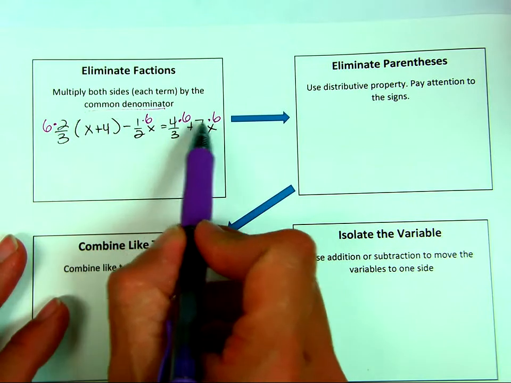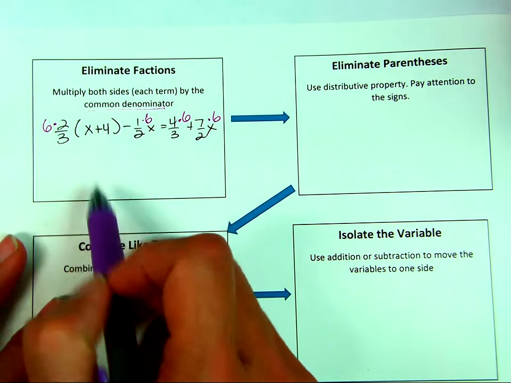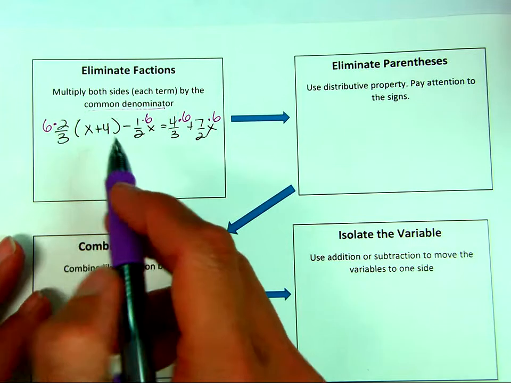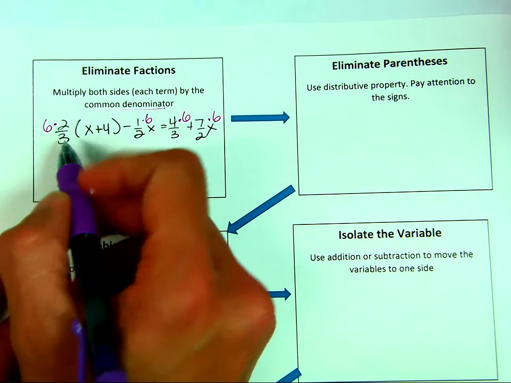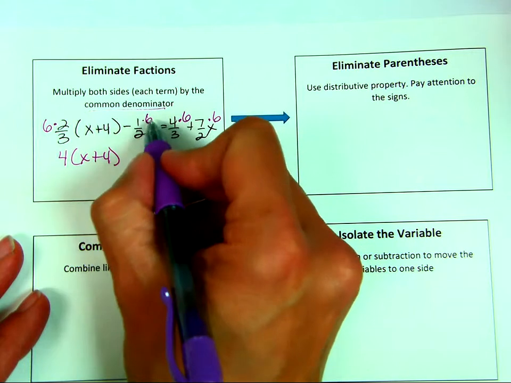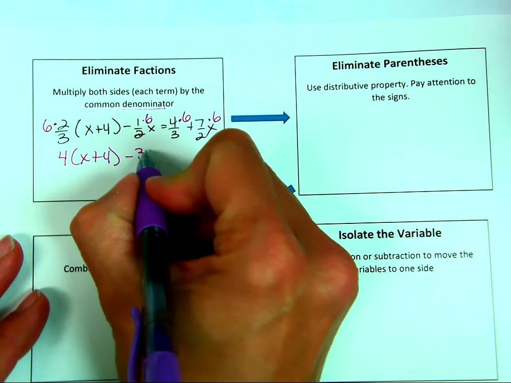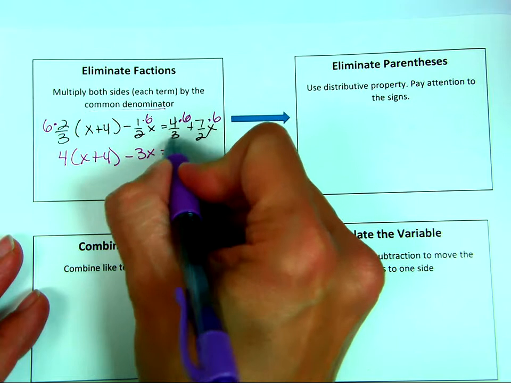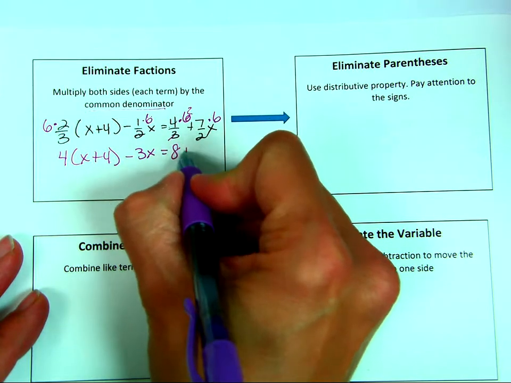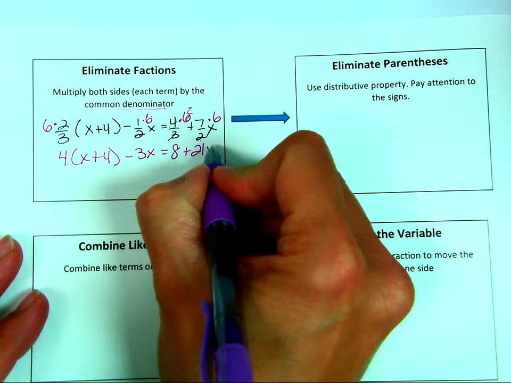Each product, or each term, we multiply once, but this is considered one term because it's being multiplied. So you can either say 6 times 2 is 12 divided by 3 and get a 4, or you can divide first. 6 divided by 2 is 3 times 1 is 3. Either way, you can cancel, or you can just say 42 divided by 2. It doesn't matter which way.